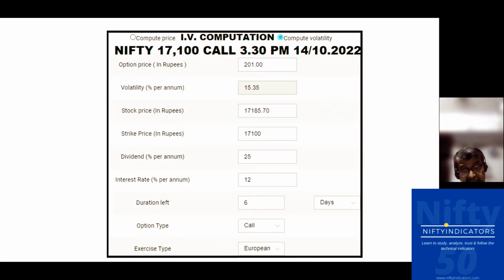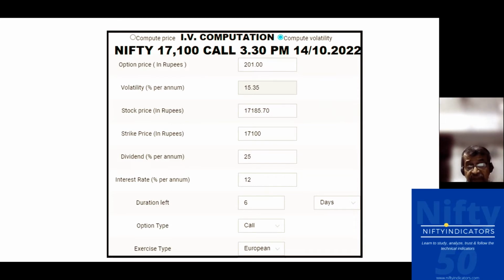So by feeding in all this information, we can ask the calculator to compute the volatility, and it will show us that the IV of this particular call at this particular price is 15.35.